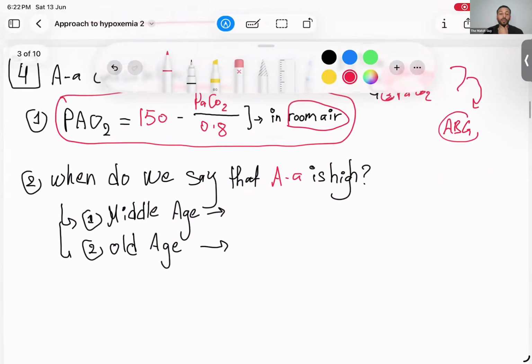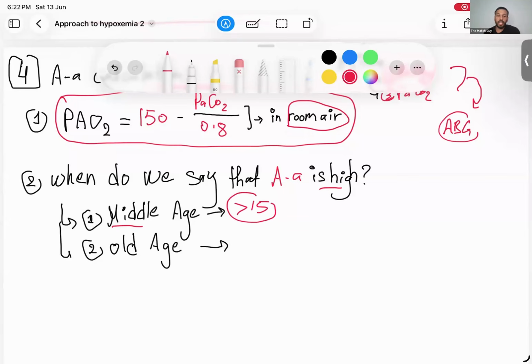After calculating the partial pressure of oxygen in the alveoli, you subtract from it the partial pressure of oxygen in the artery. What is the normal level of the AA gradient? It depends on the age, but I only need you to remember two numbers. They're going to make you answer these questions, and every single time you're going to see them. If the patient is middle aged, a high AA gradient is more than 15.